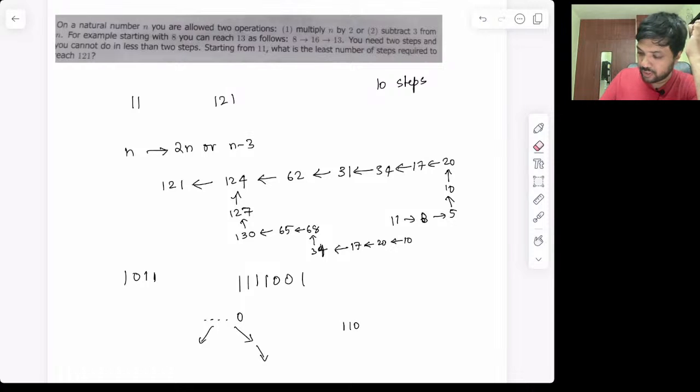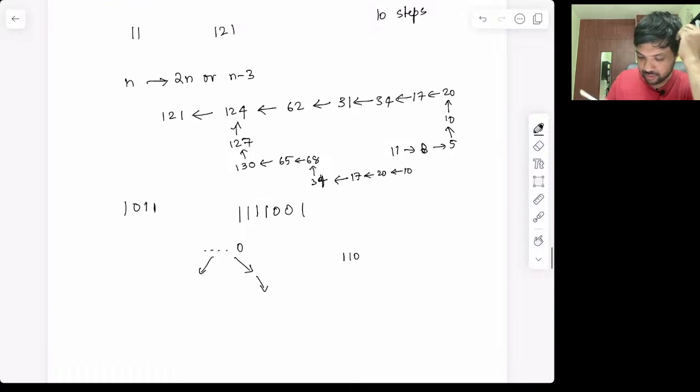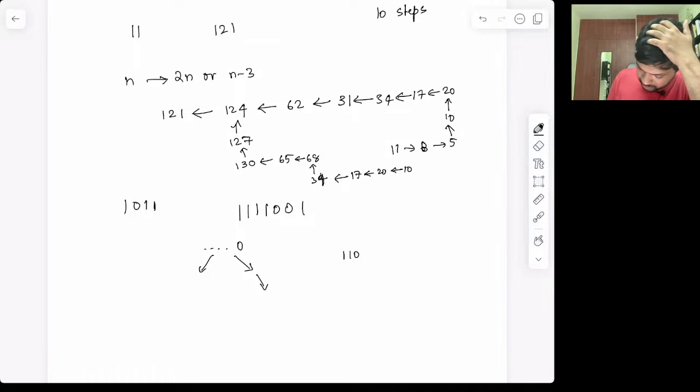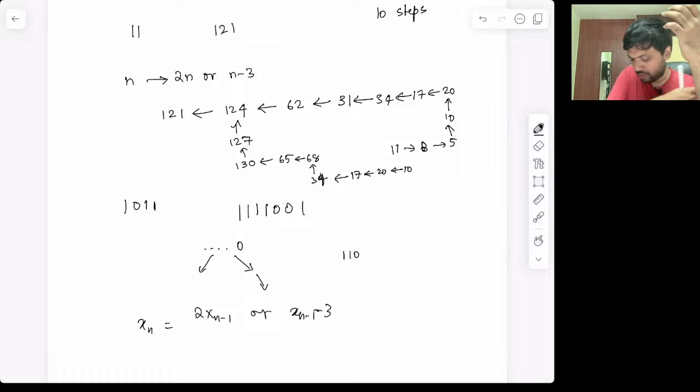I think we should be able to create some technique to do this. Every xn is either 2 times xn minus 1 or xn minus 1 minus 3. So the fact that there's an OR option, we should make it into some generating function choice or something.